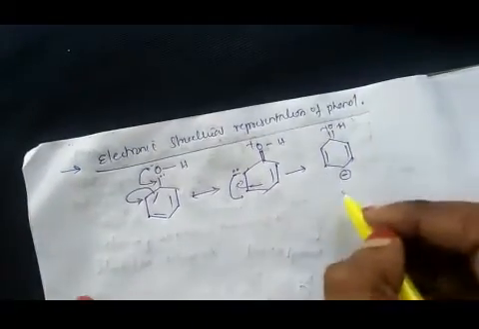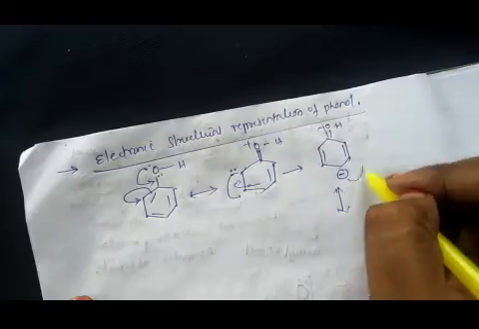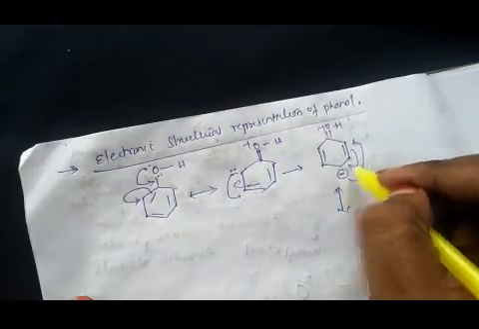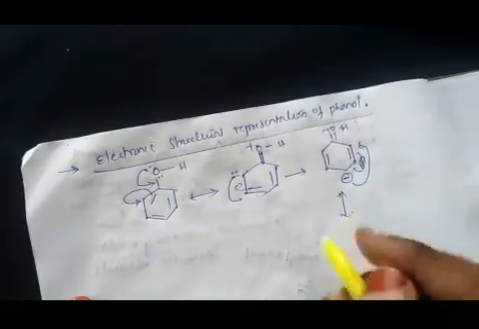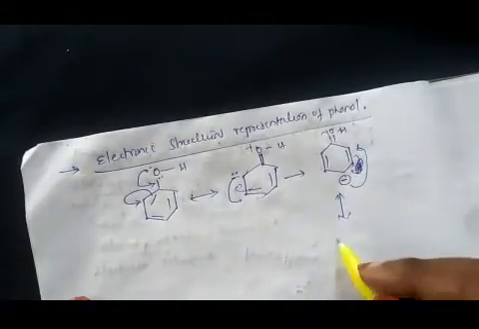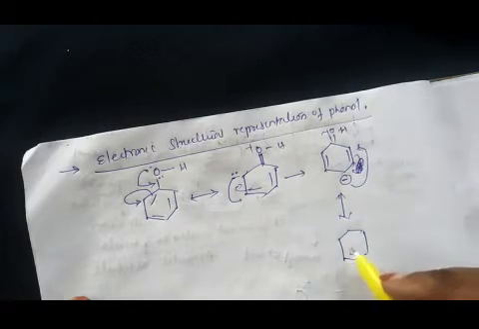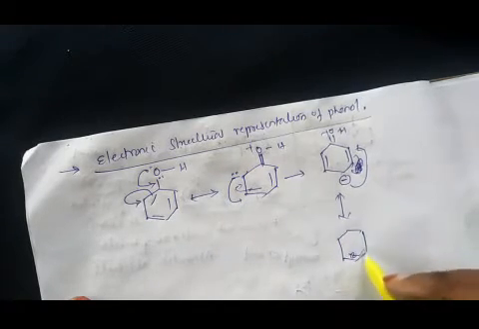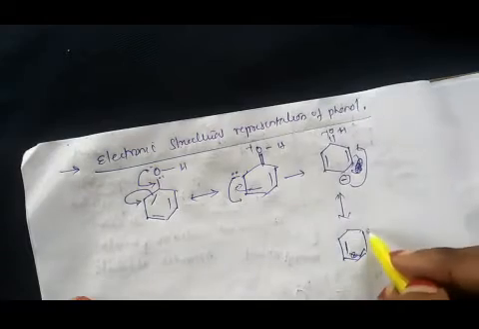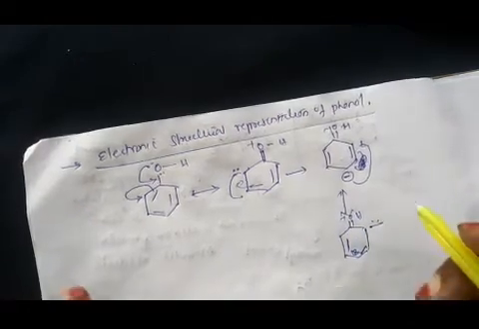This again undergoes resonance. The negative charge goes here and the bond will shift here, and we get a structure like this with double bond O H plus.